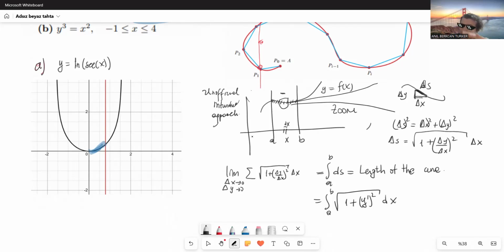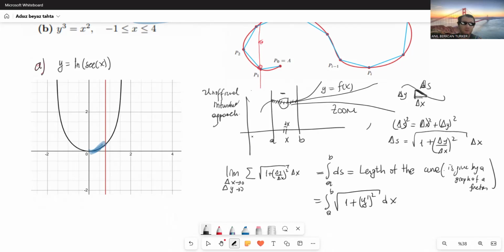This just gives you the intuition when you approach a problem. So this is the formula for the length of a curve when the curve is given by the graph of a function.